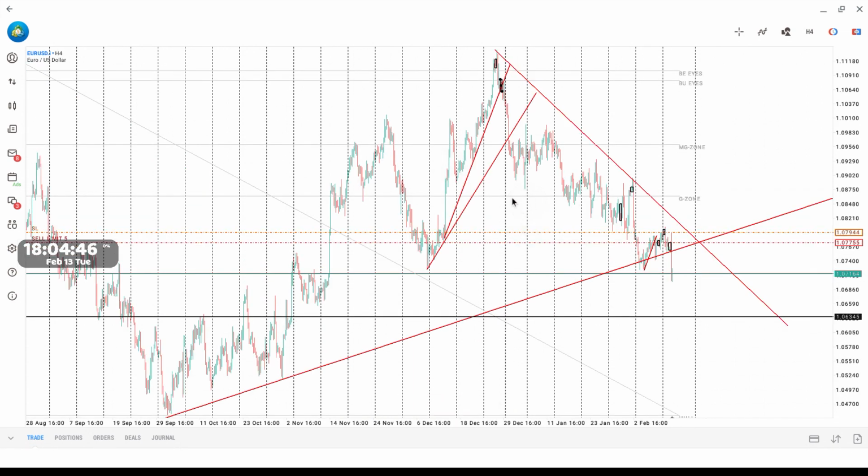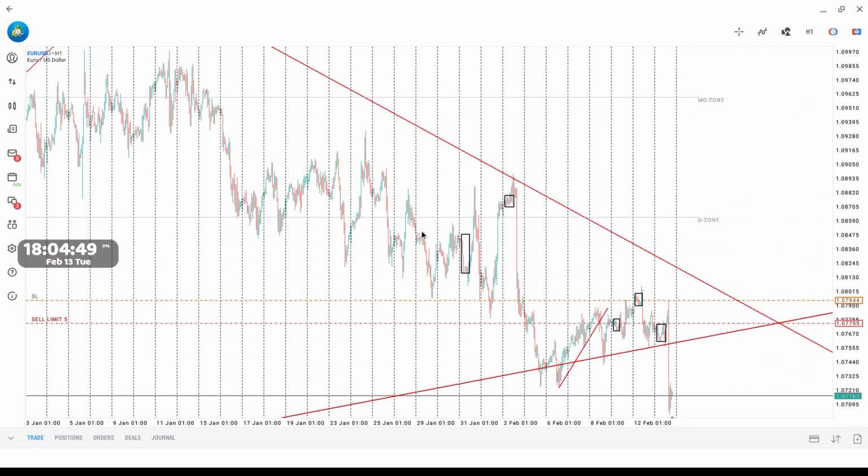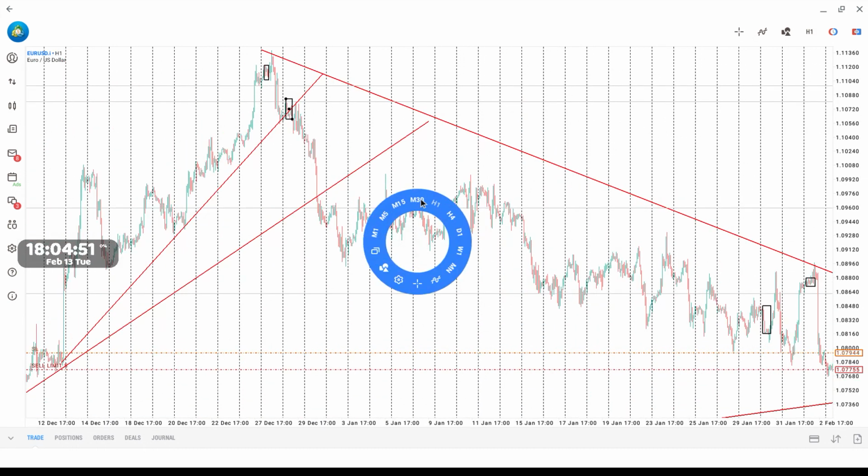All you need to do is, when you have applied this period separator, you go to the 15-minute time frame. I want to run some back tests for you to know.